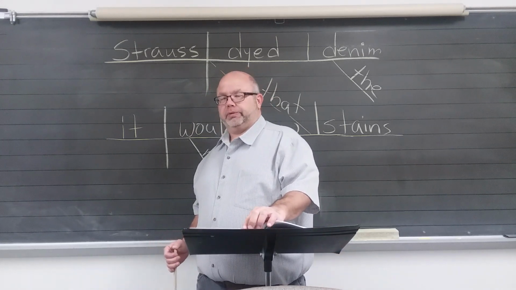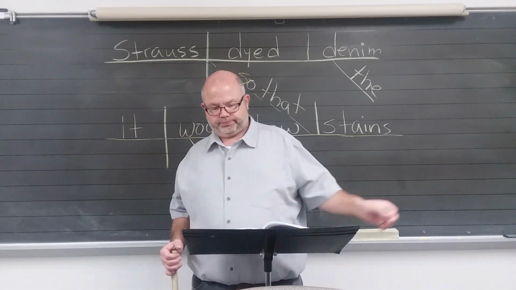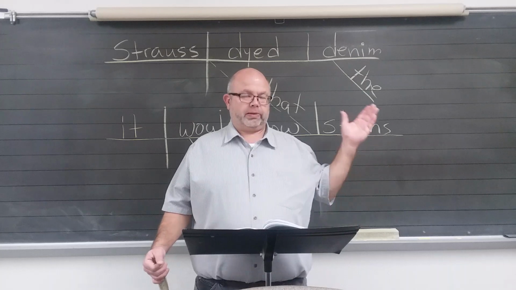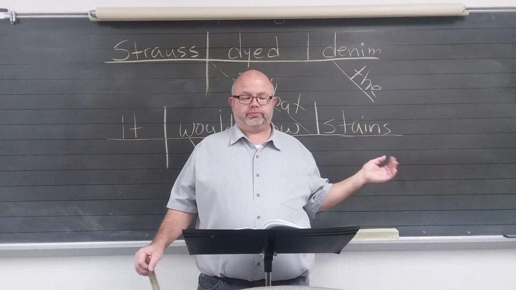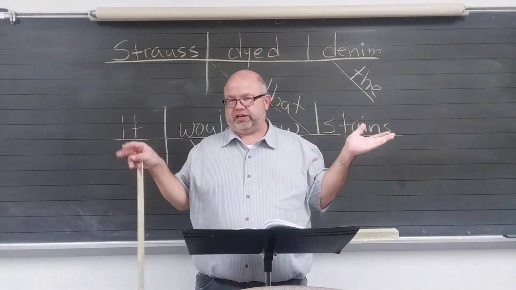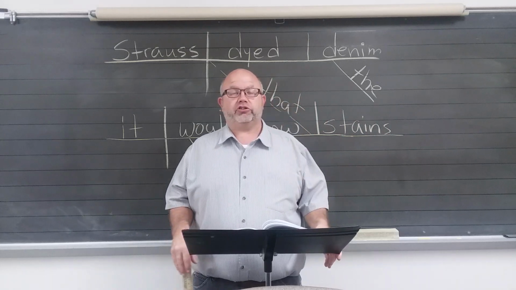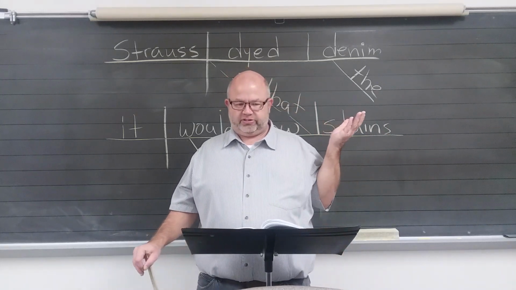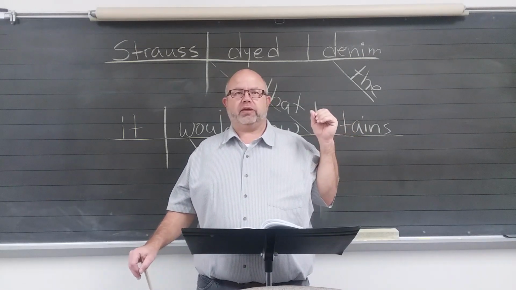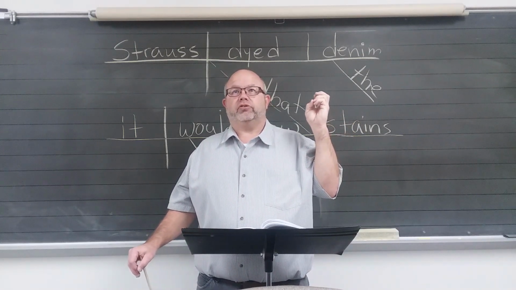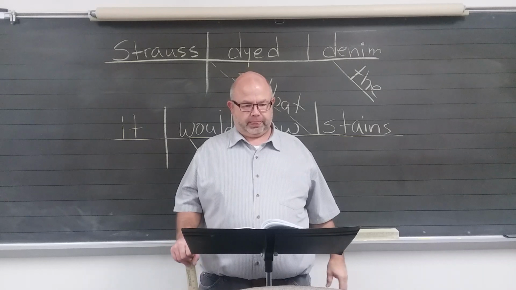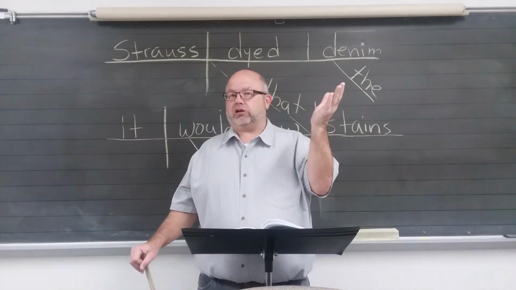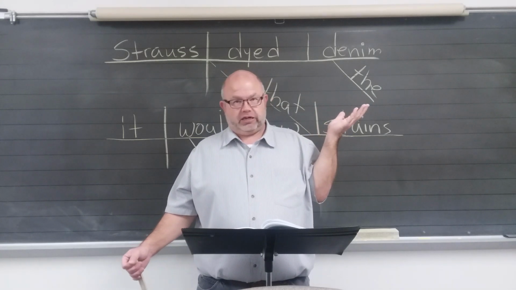Let's look at lesson 8 a little bit. Lesson 8. So we've talked about compound sentences, two independent clauses connected by comma and conjunction or semicolon. All right? And then we have complex sentences, which is a sentence with an independent clause and one or more dependent clauses.